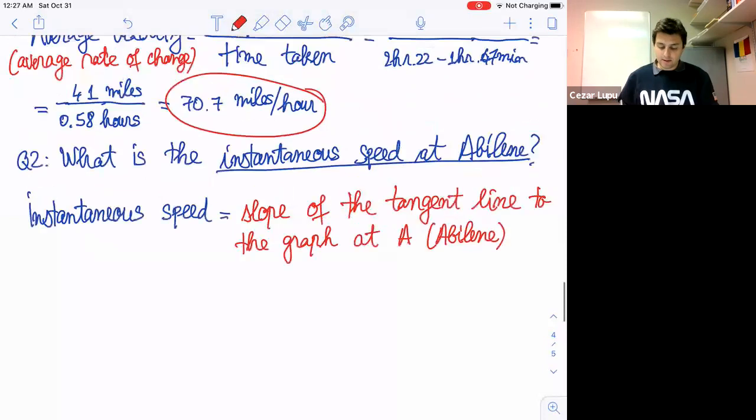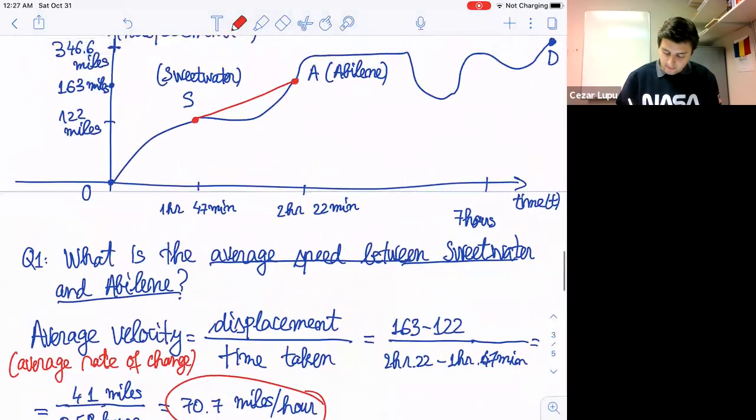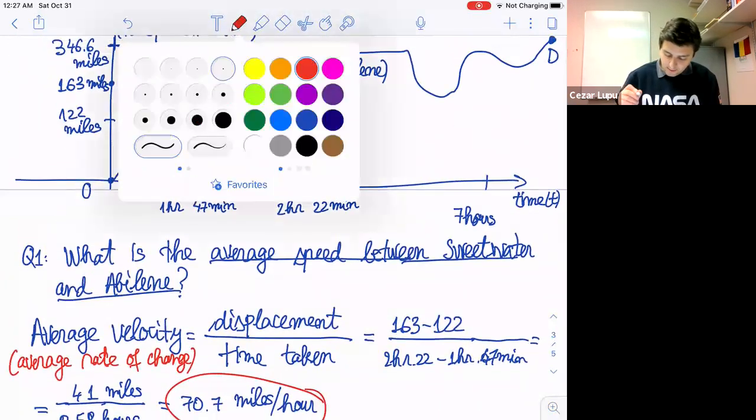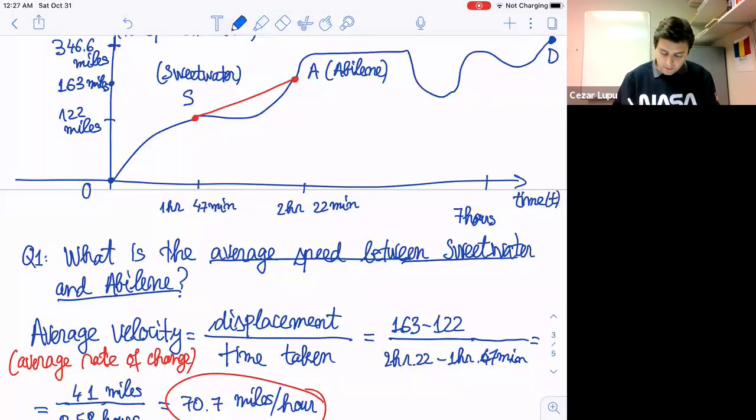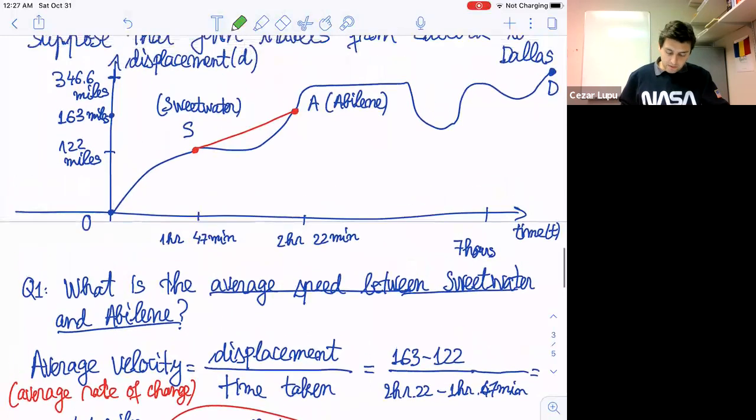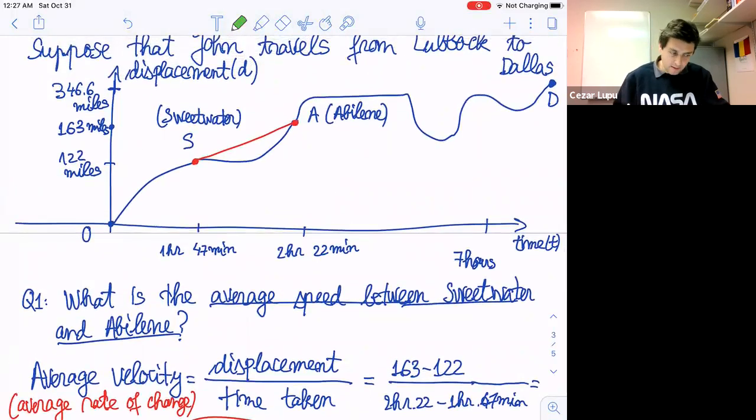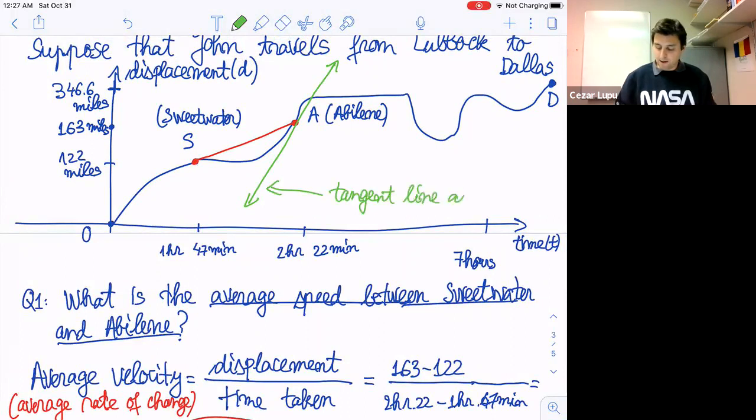So the slope of the tangent line, let's draw the tangent line here at A. Let me use a different color, maybe green. Okay. So this would be something like this. So this is the tangent line at A. Okay.